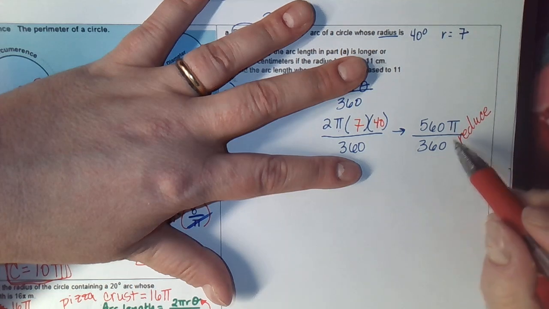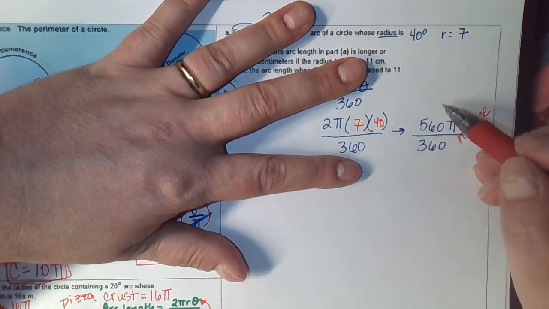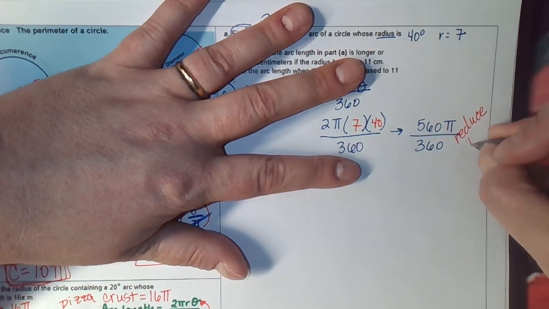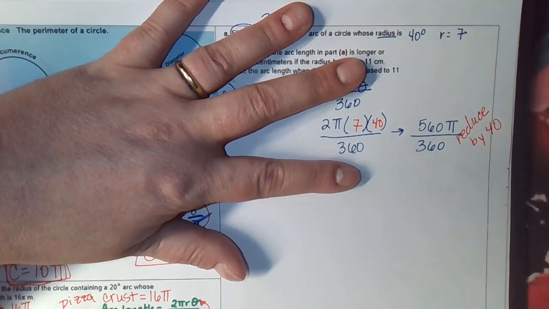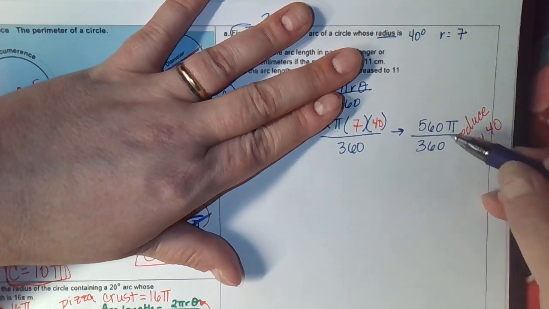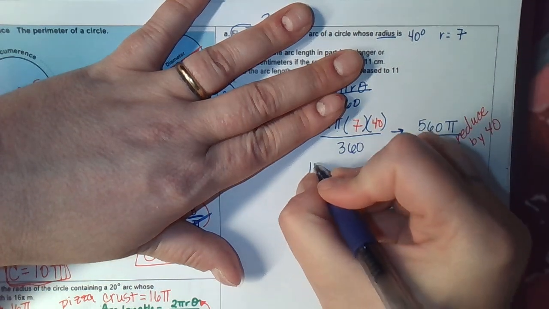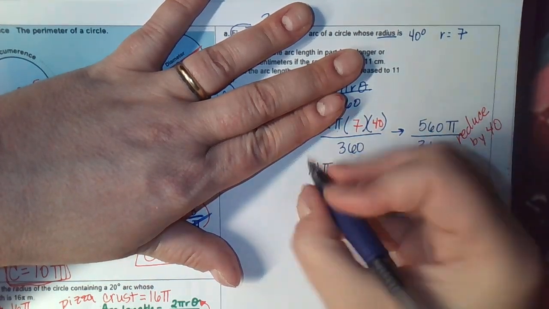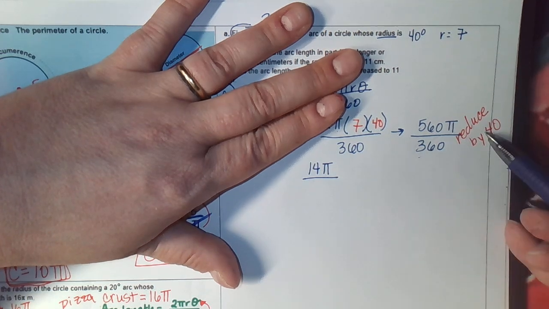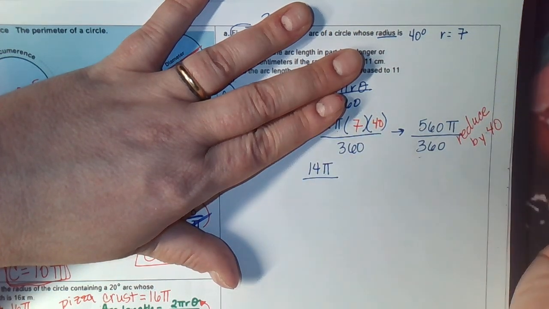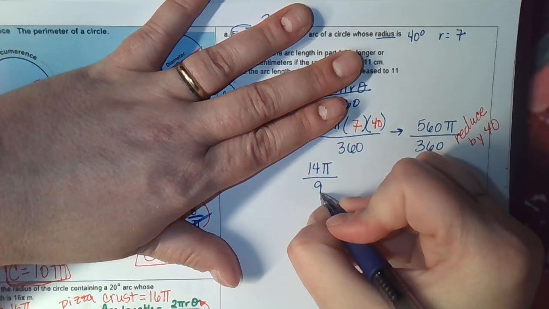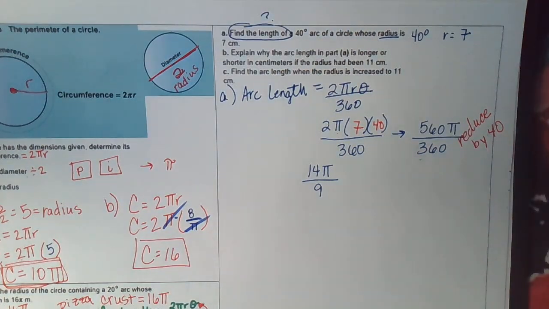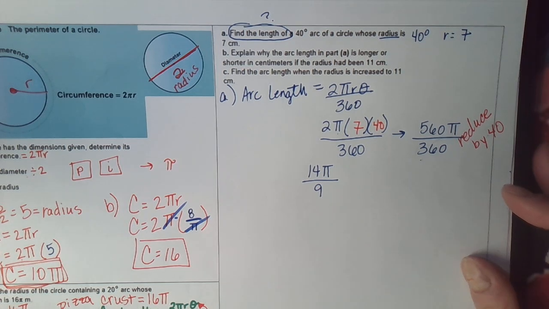And you can either just divide by 2 over and over again, or I saw that I could reduce by 40, so I'm going to. Okay, if I divide the top by 40, I get 14 pi on top. If I divide the bottom by 40, you get 9. So 14 pi over 9.